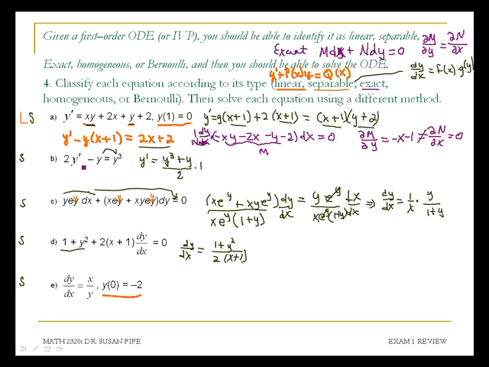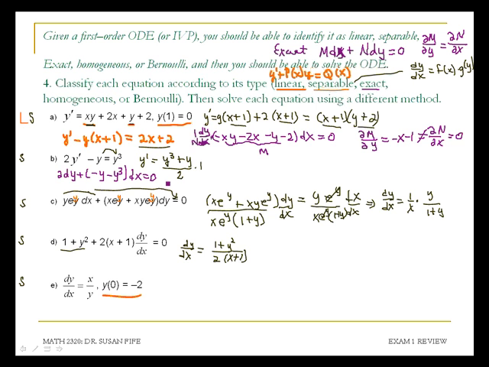On B, if I bring that y to the third over, and then multiply by dx, I'm going to have 2 dy plus negative y minus y to the third dx equals 0.